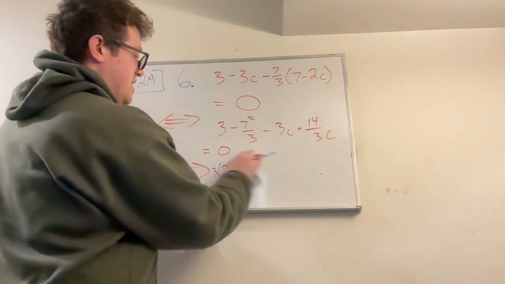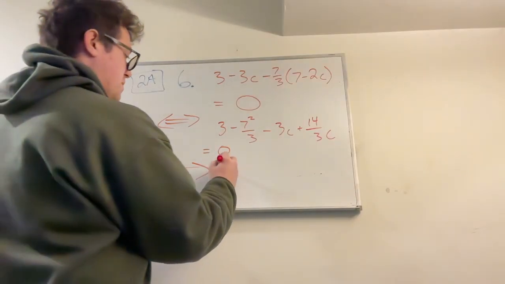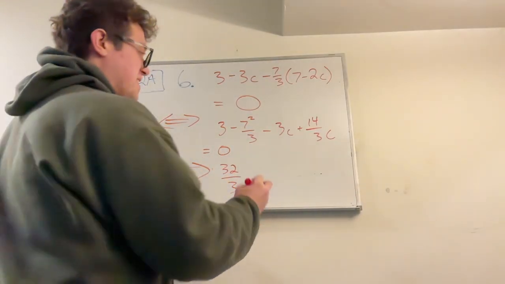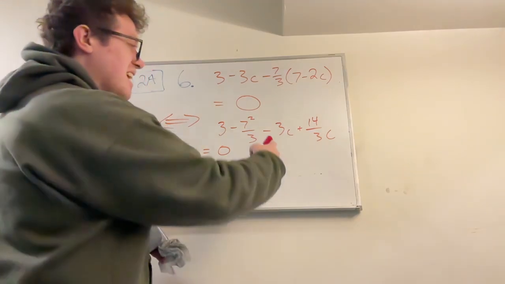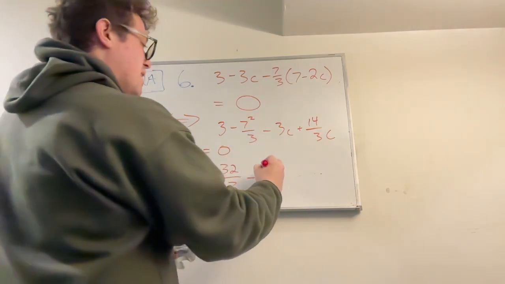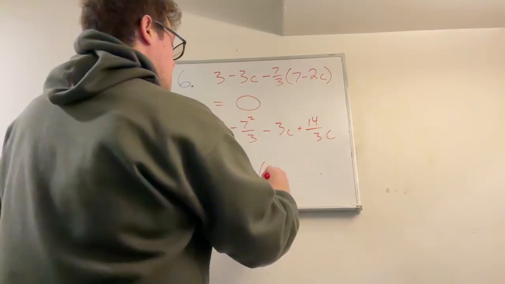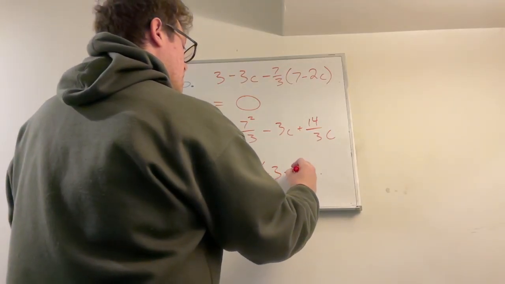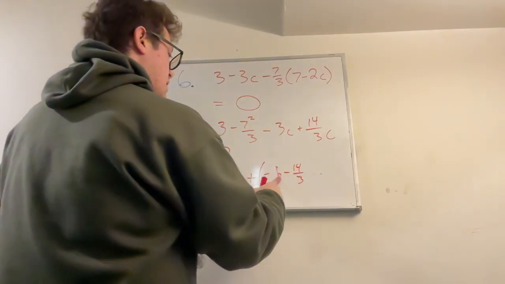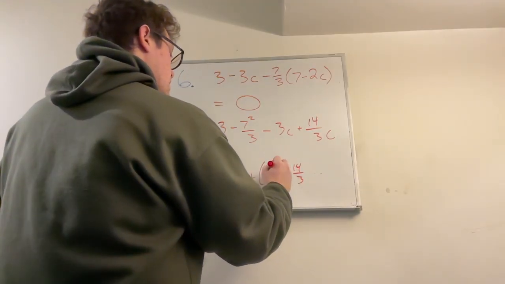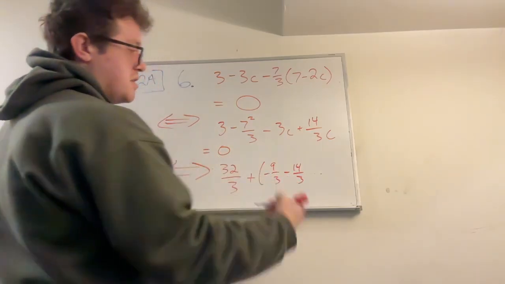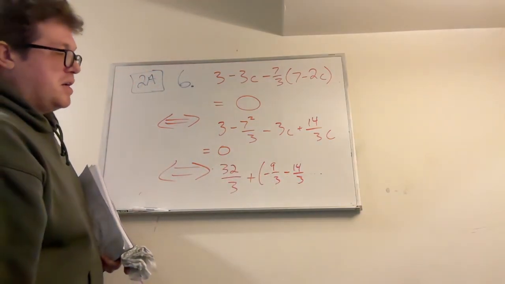All right. Might need to double check this, but I think it's 32 thirds. Well, we'll see once the answer at the end is correct or not. So minus or plus -3 minus 14 thirds, or 9 thirds. Minus 9 minus 14, minus 25.